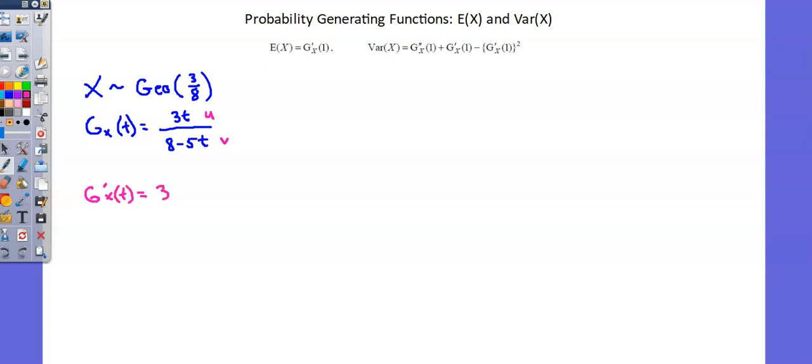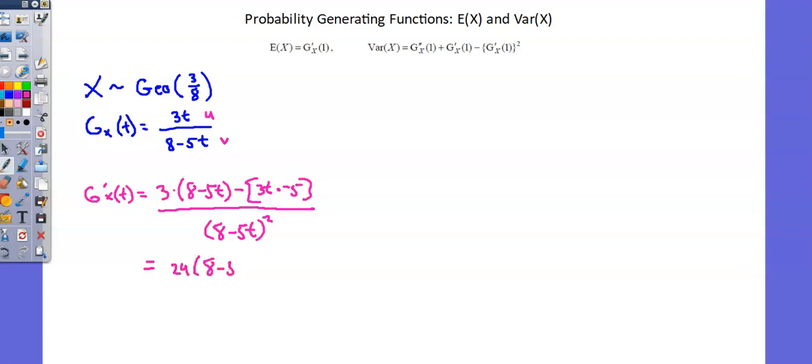The derivative of u, 3, times v, 8 minus 5t, minus u, 3t, times the derivative of v, which will be minus 5, all over v squared, 8 minus 5t squared. And simplify to 24 times 8 minus 5t to the power of negative 2, which gives me a format that I can easily work with for my second derivative.